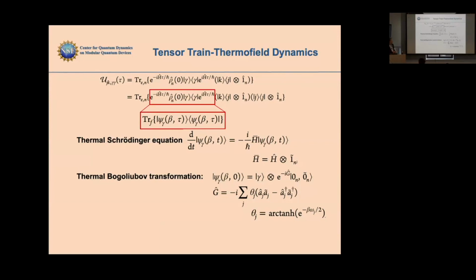And one can show that this thermal wave function gives a representation of the density matrix that evolves according to the Liouville equation, and also gives you all the ensemble averages that coincide with those obtained directly with the Liouville equation of motion, but evolves according to the Schrodinger equation.